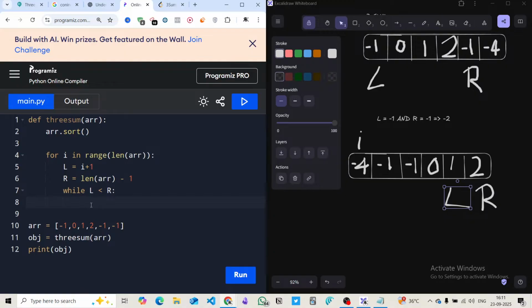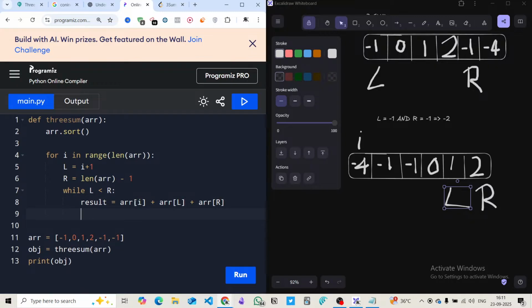Okay, so we need to iterate. Let's say we need a variable, right? Like result is equal to array of I plus array of L plus array of R. Okay.